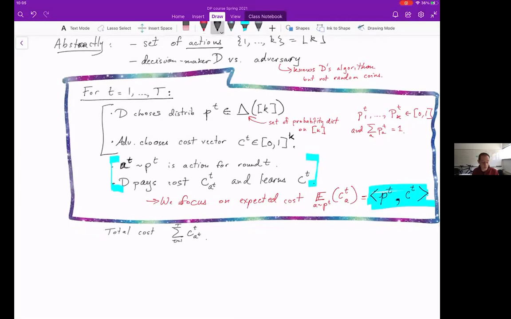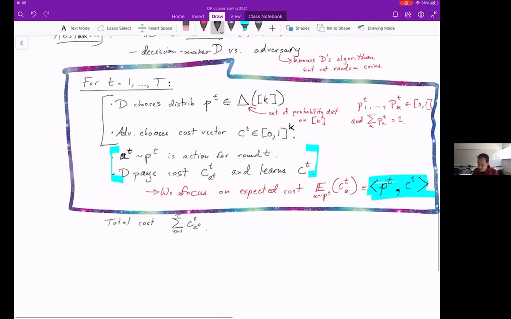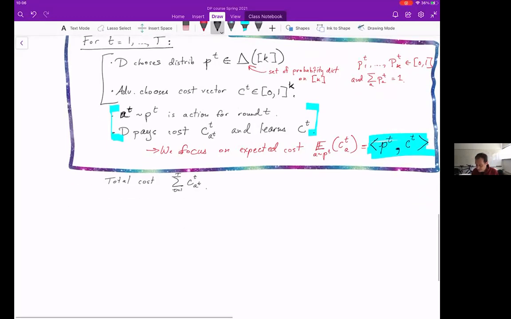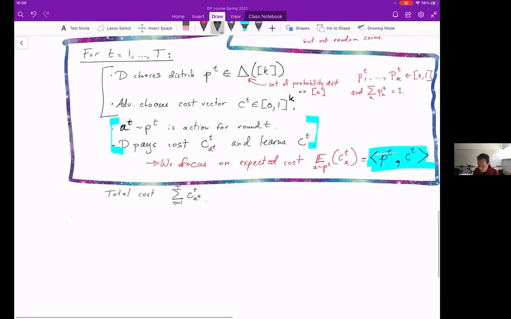So this is our basic setup, and it's worth asking how we decide how well the decision maker is doing. We're going to be designing algorithms for this setting, and we want to be able to measure how good those algorithms are. So how do we measure?